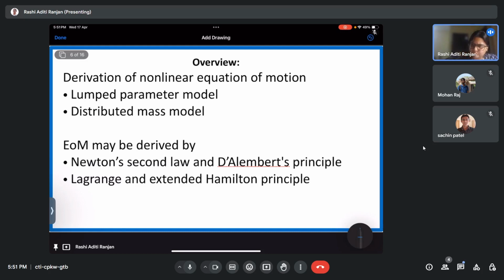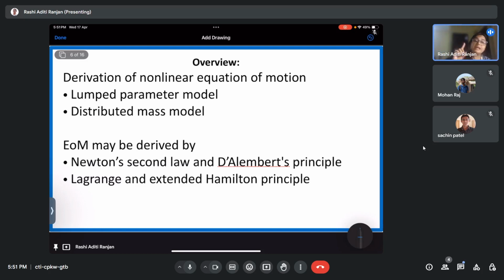I'm talking about the hypothetical case. Or if I consider only the translation motion, initially my bottle had three translation motions. Now it has only one translation motion. So only one mass, if I consider this bottle as a mass, a spring and a dashpot, then my work is done.